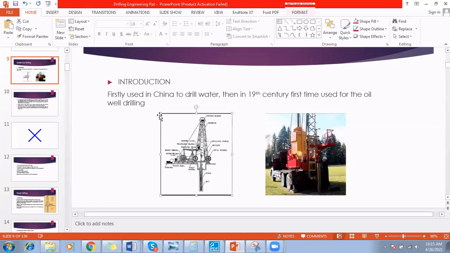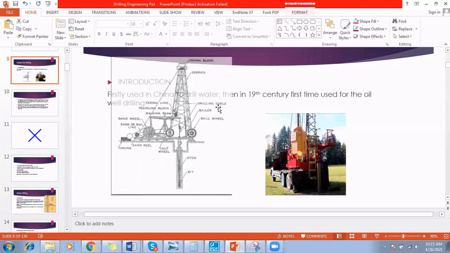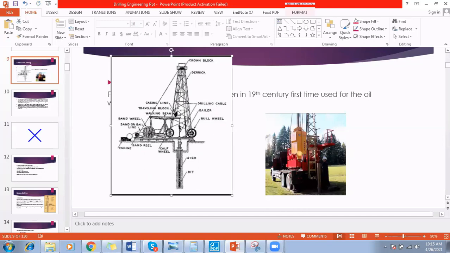So this is the schematic diagram of the components of cable tool drilling, and you will see that most of the components are like the conventional drilling rig that we just studied, and that rig was for rotary drilling. But here the setup that you can see at the moment on the screen is shown in reference to cable tool drilling.